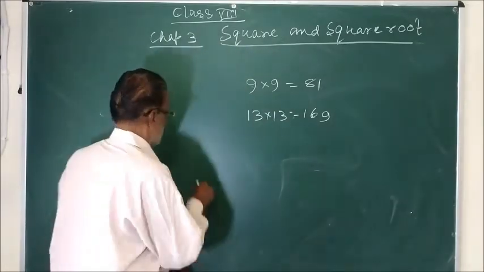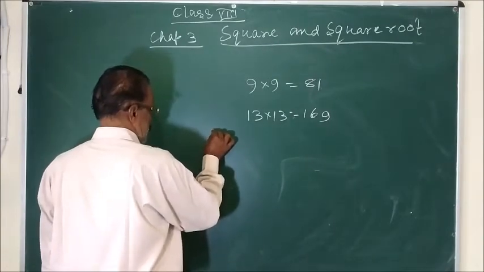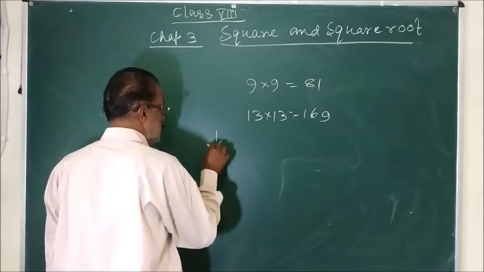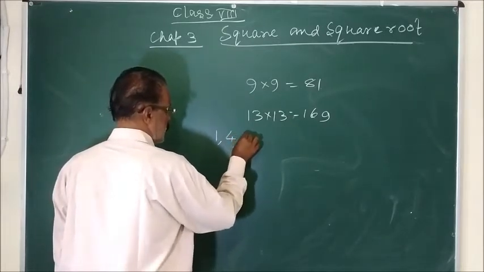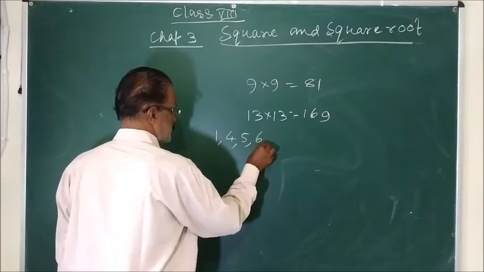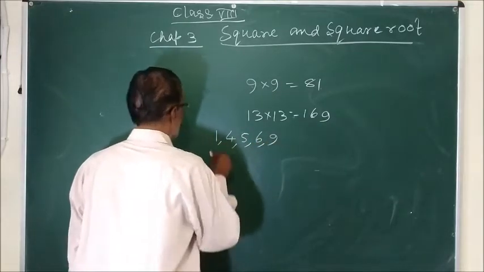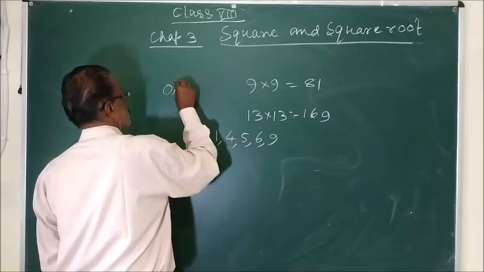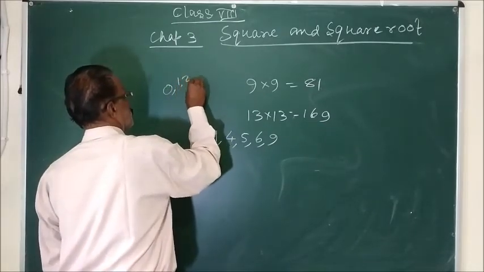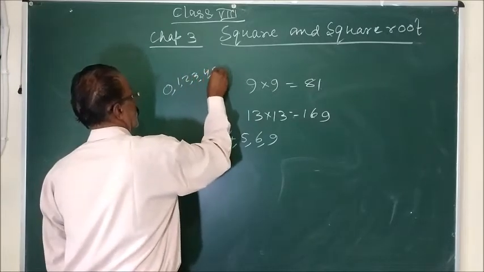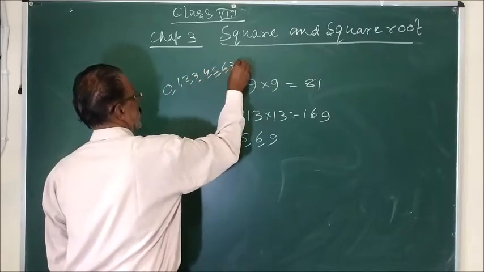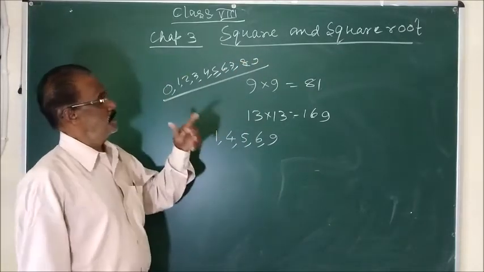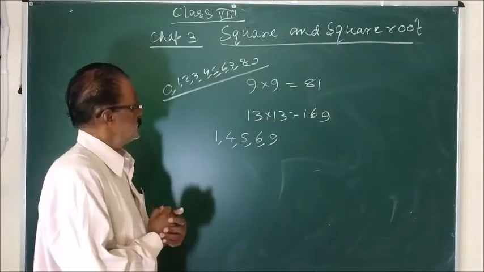Perfect square, I have just told, if the number has the ending digit 1 or 4 or 5 or 6 or 9. How many digits do we have? The ending digit of a number may be 0 or 1 or 2 or 3 or 4 and 5 or 6, 7, 8, 9. These are the 10 digits. Any digit may be in the ones place of a number.